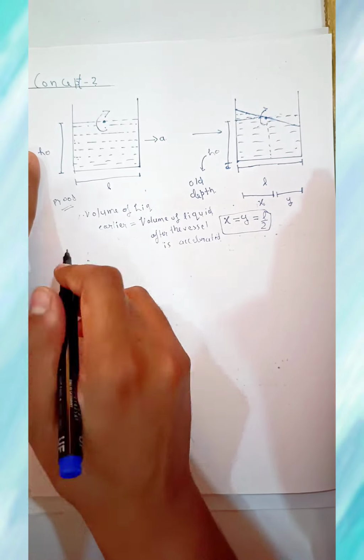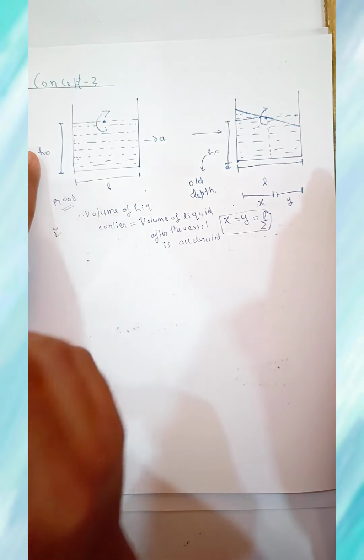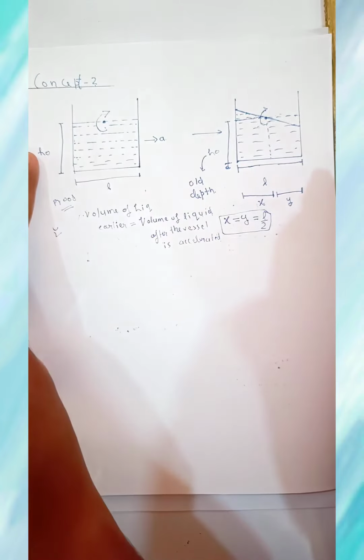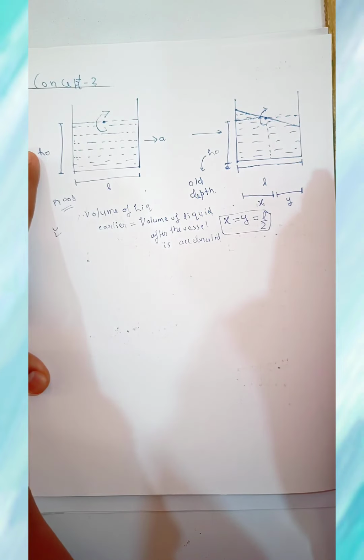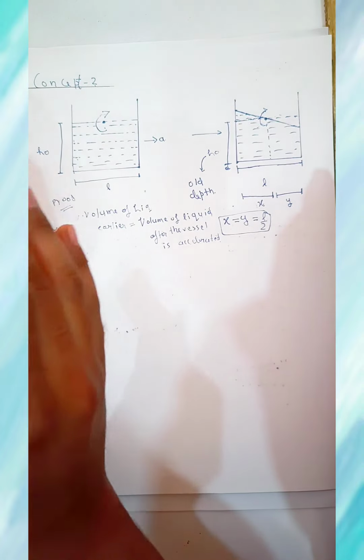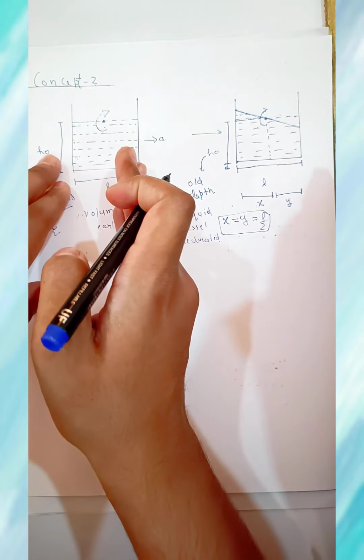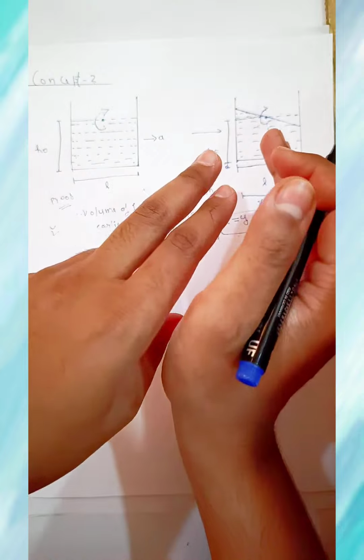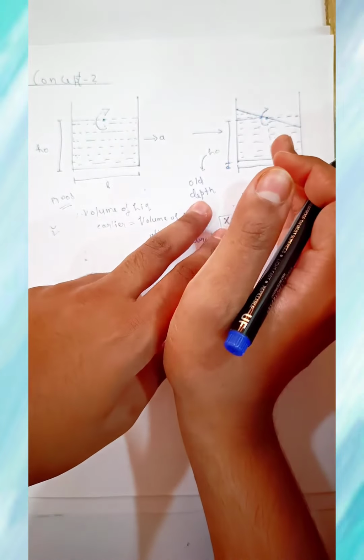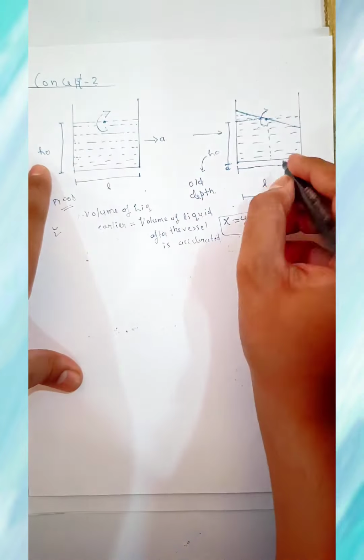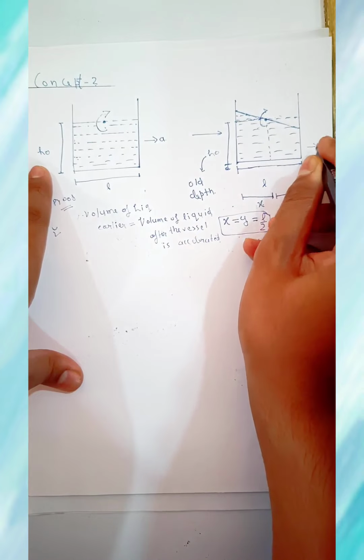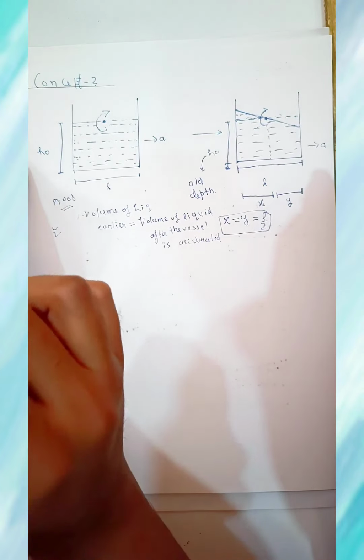So let us use this condition. Since no water is added and no water has been removed, the volume of water which is present earlier will be equal to the volume of water present after accelerating this vessel. Okay, so we will be using this condition.